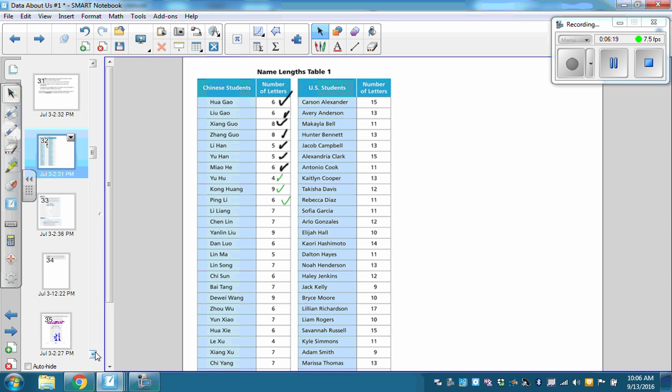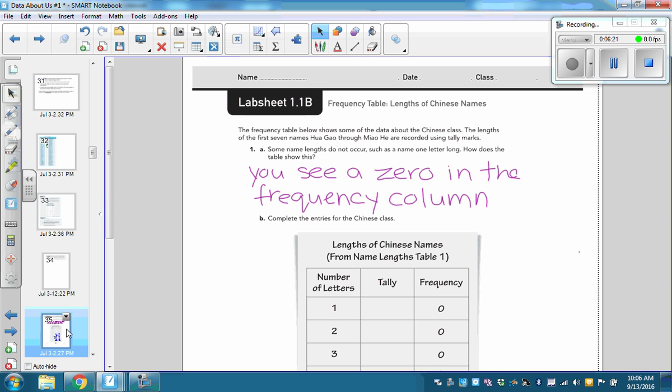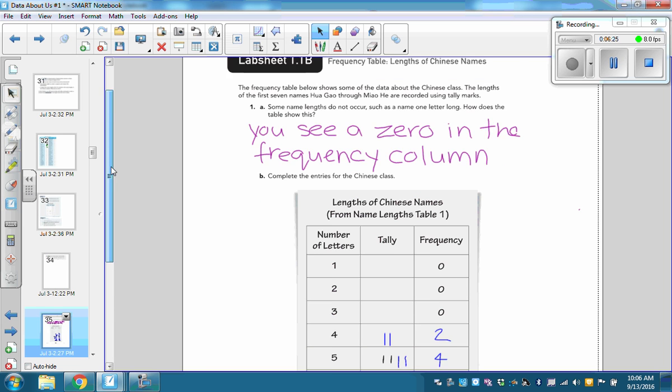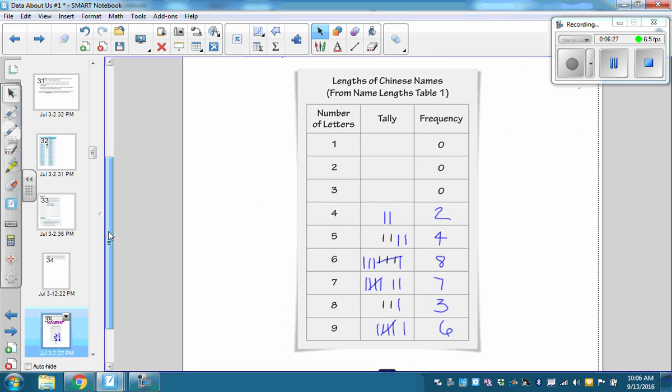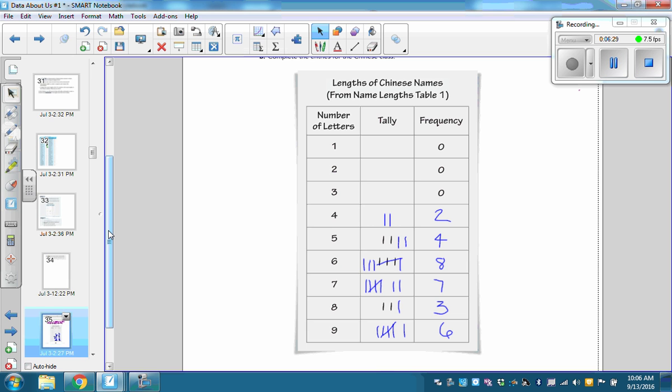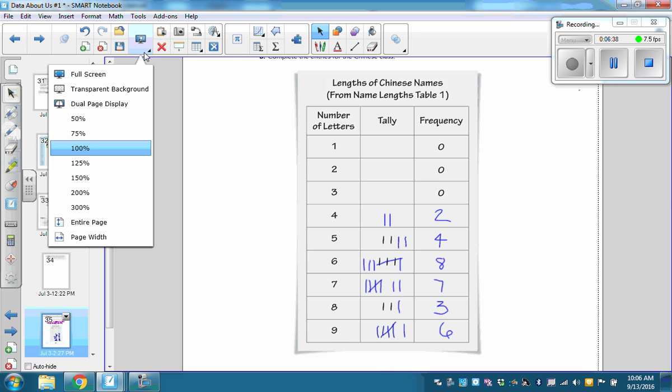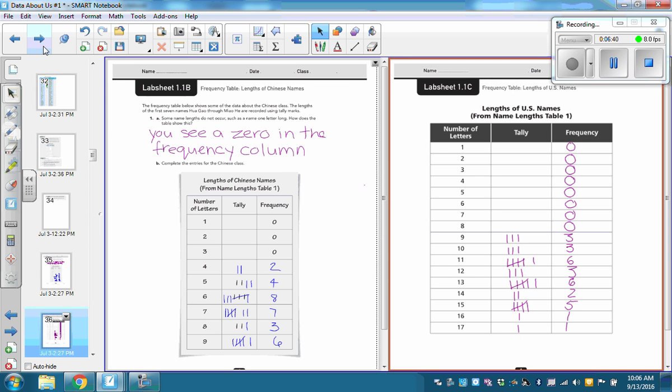When we finished that, we came up with this here. And we discussed different attributes of Chinese names. Then the next thing we did was the exact same thing for US names.